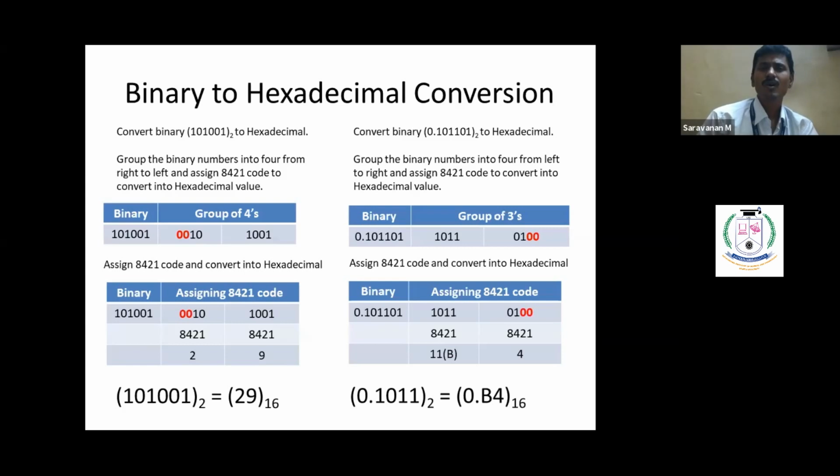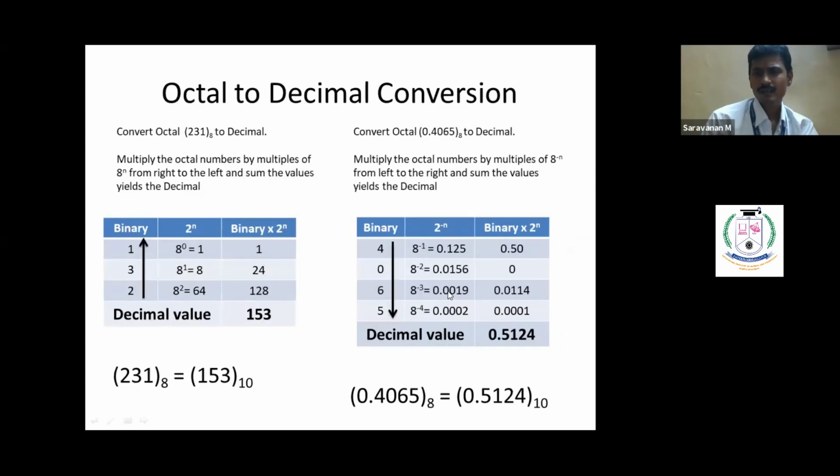So for octal to decimal, just recall decimal to octal. There we take the integer portion and keep dividing by 8, and for the fractional part we multiply by 8. For octal to decimal, this is an example, 231.